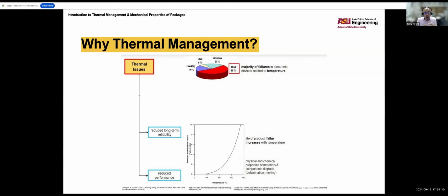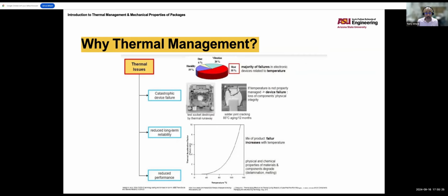So that means the probability of its existence gets very low. Okay. And then if you don't pay attention, you can actually destroy the part. Here's an example where a solder joint cracked. Now, in this particular case, it was 85 degrees C for 12 months.